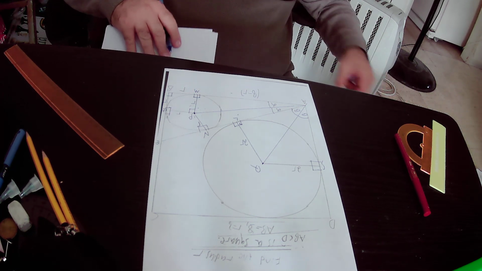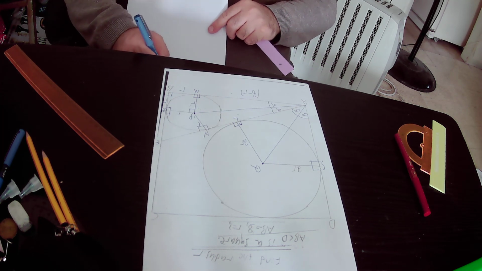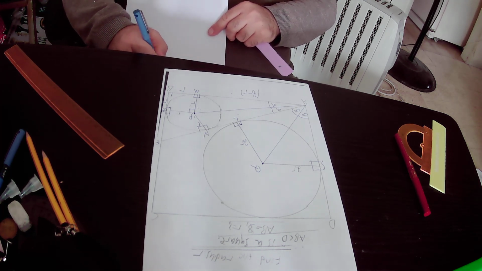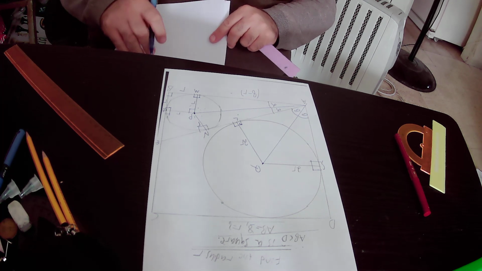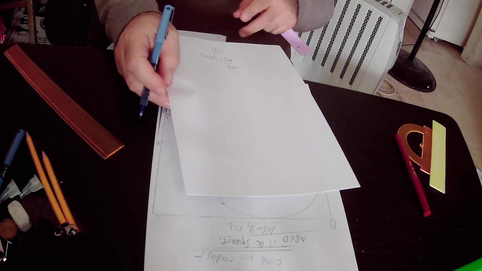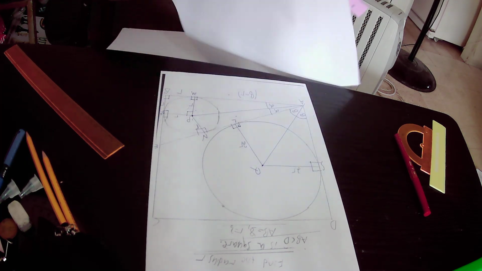I'll write it down. Tangent alpha equals PM over AM.